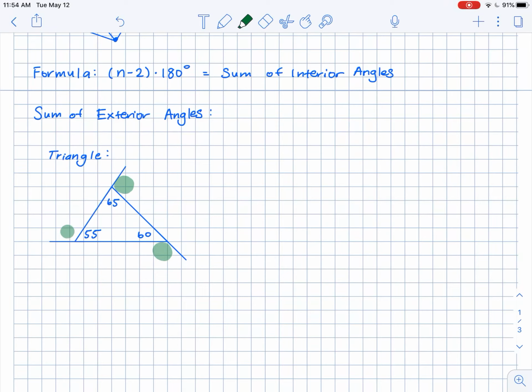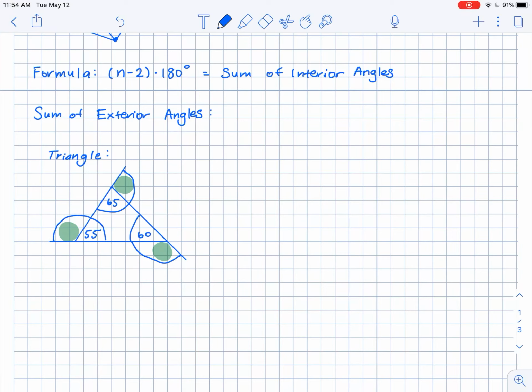1, 2, and 3. Okay, so finding the sum of the exterior angles, we have to use supplementary angles. Okay, so those are supplementary angles.